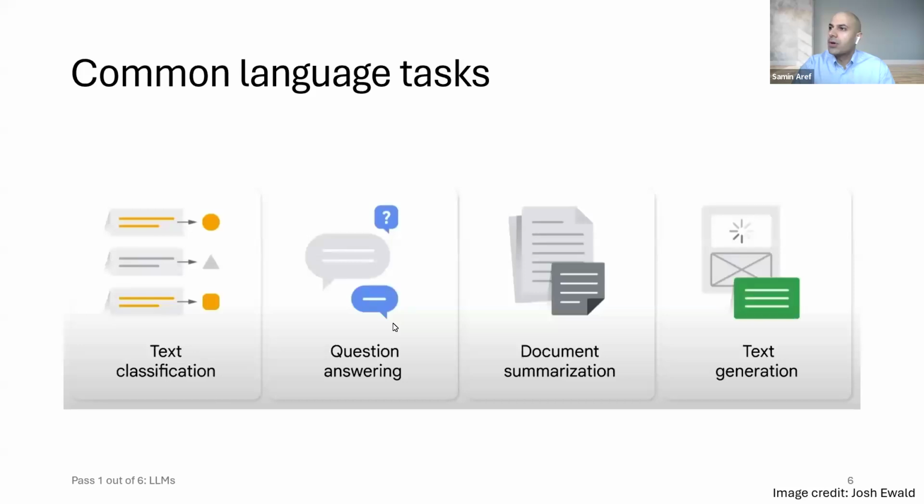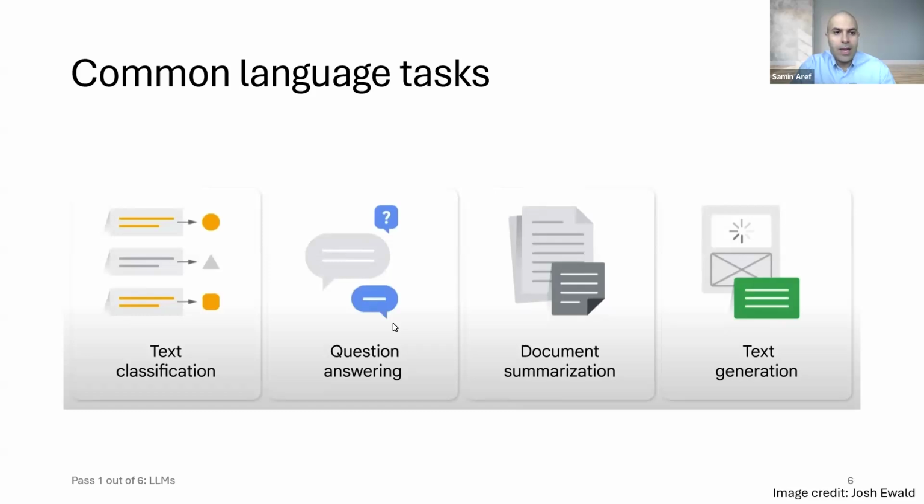All right, so here are some common language tasks. For example, text classification is a classic example where we have text as data, and we want to classify, let's say, different sentences into positive and negative classes. This is called sentiment analysis.